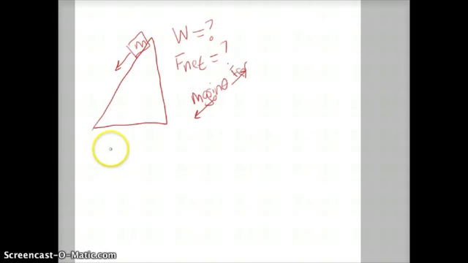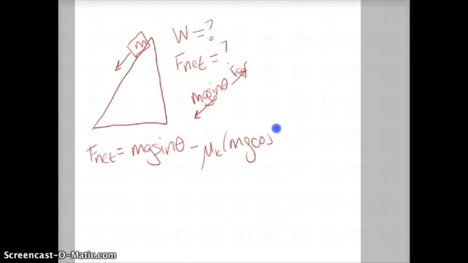So what we're going to wind up with is F net is equal to mg sine theta. This time we're going to subtract off mu k times mg cosine theta. This is because friction always acts against the motion of the particle.